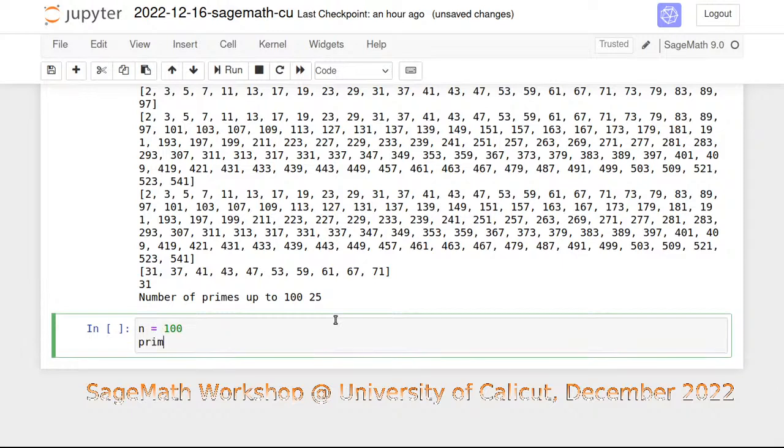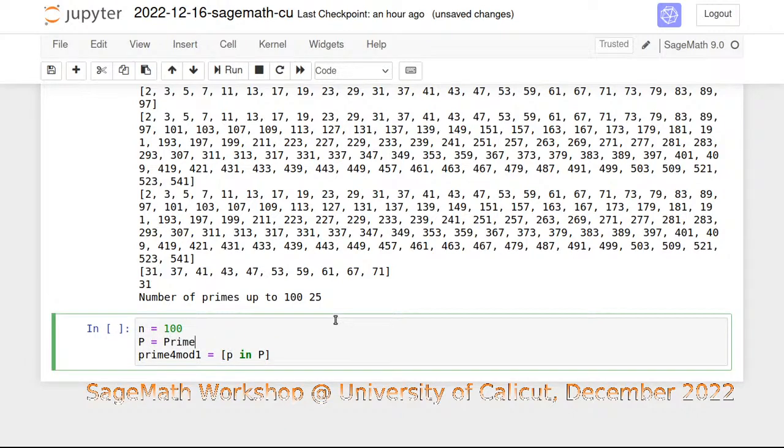Suppose that we find primes P, where capital P is the primes if P mod 4 equals 1, in P100, the first 100.